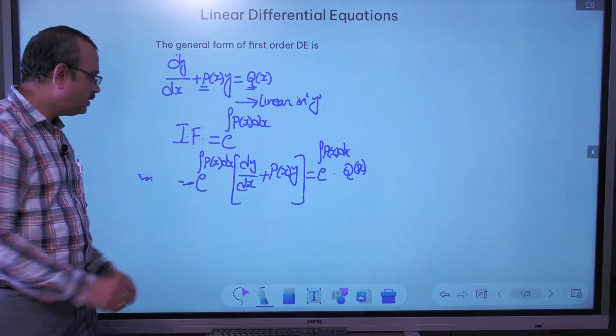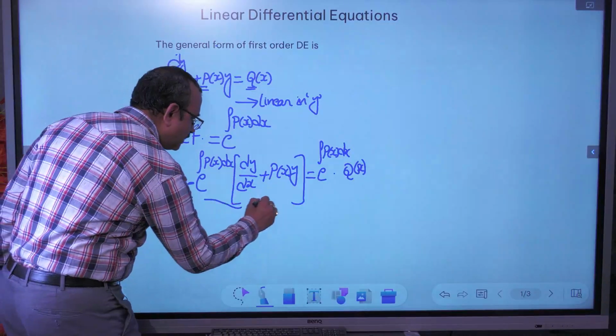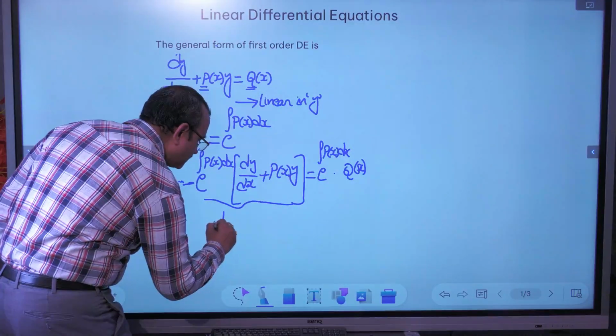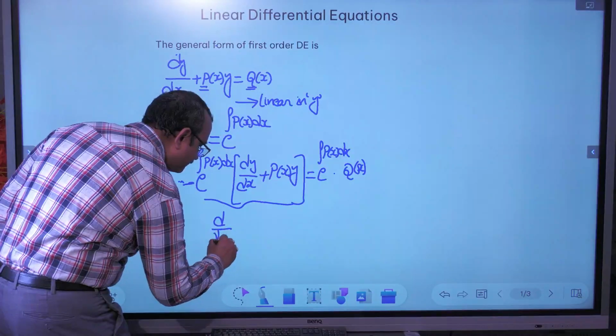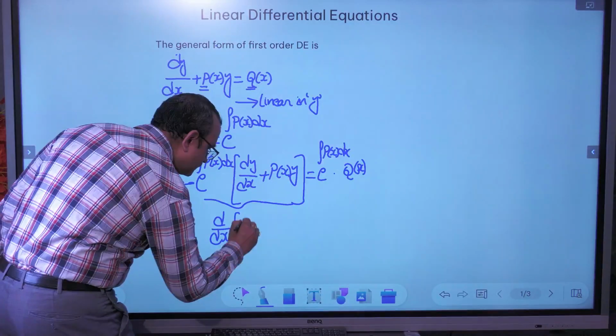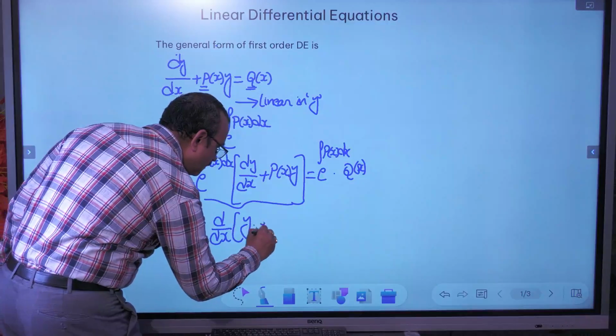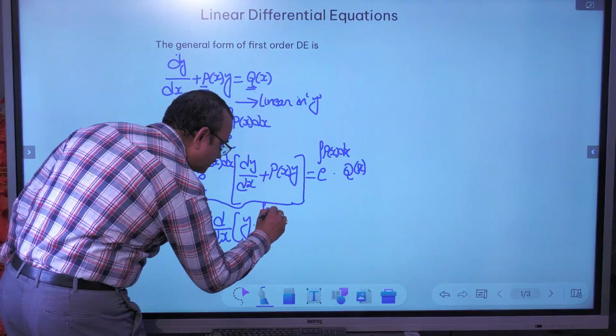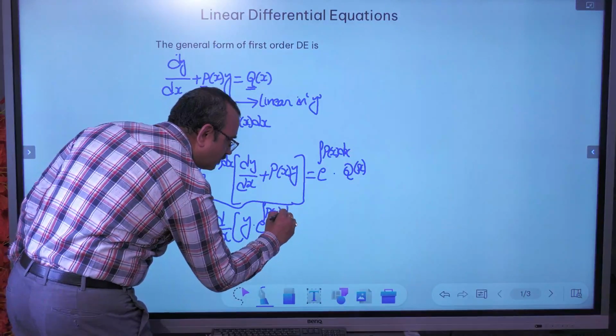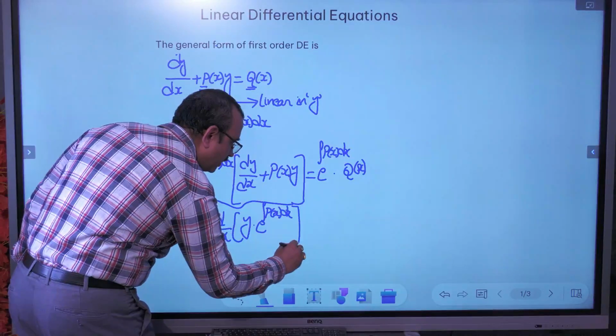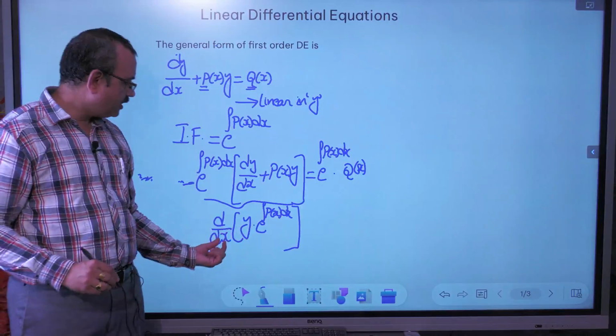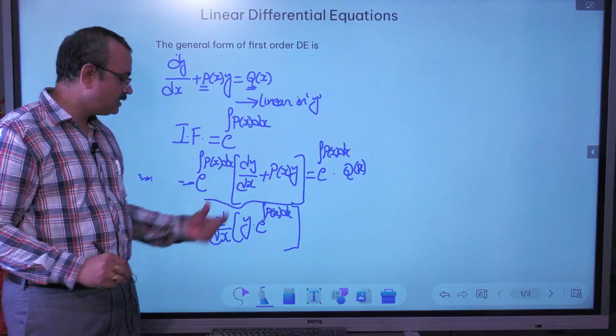Now if you observe, this entire left hand side is nothing but the exact differential of y into e power integral p of x dx. Just by applying the UV rule, if you find the derivative of this, then you will get exactly the same.